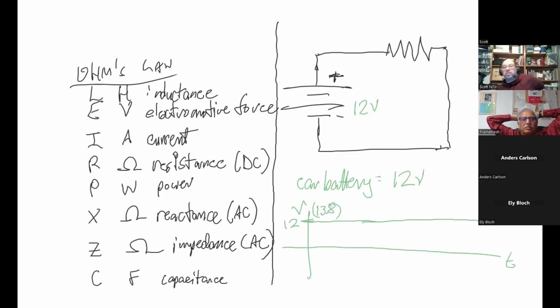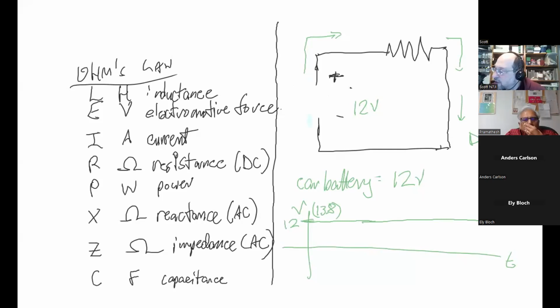It was always the same voltage at pretty much any time, which means that the current that it generates is always going to flow that way. This is known as direct current. Now, if we were to take a voltage source, which instead of a car battery looked like this, that is a sine wave.